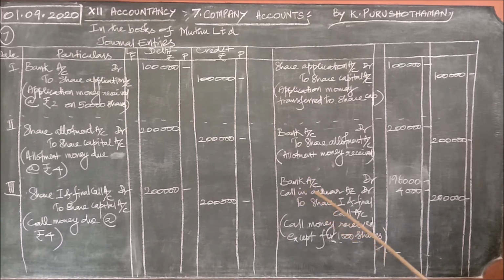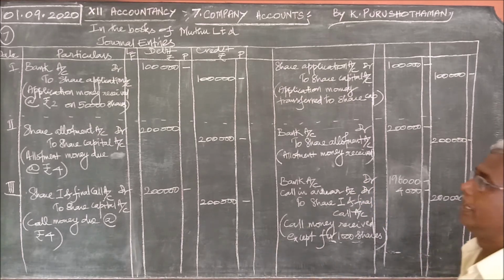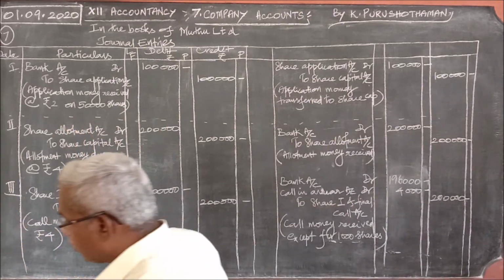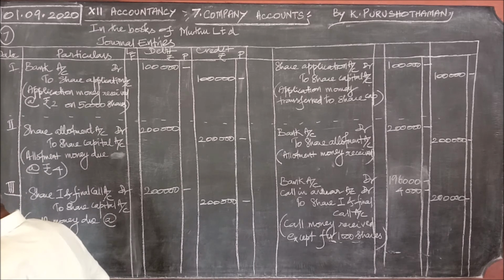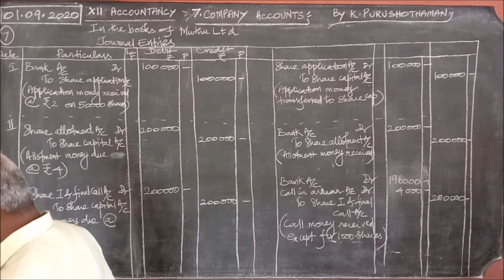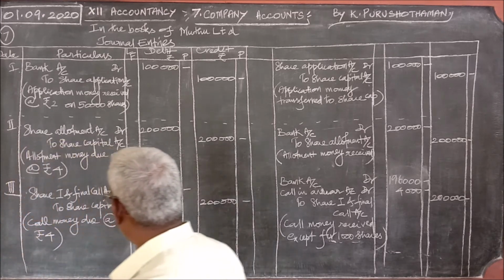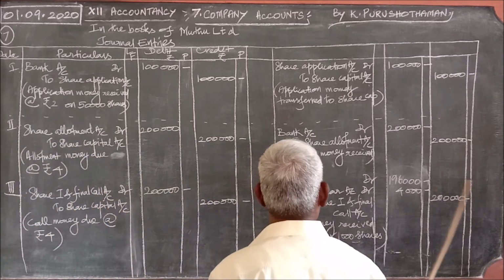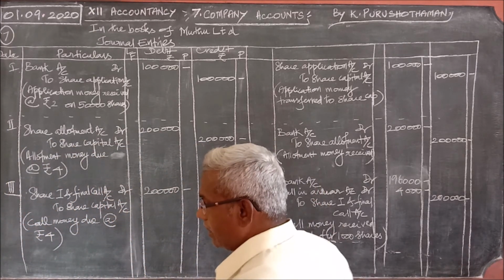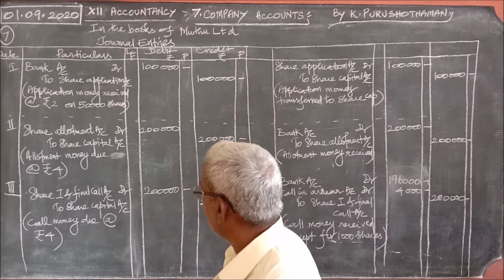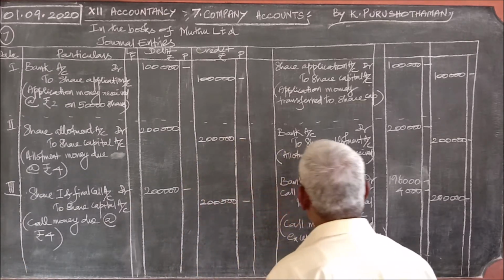So we use the term call in arrear account 4,000. This is the specialty here, and what you should answer for this question: pass necessary journal entries for calls by using call in arrear account. For calls only they ask.